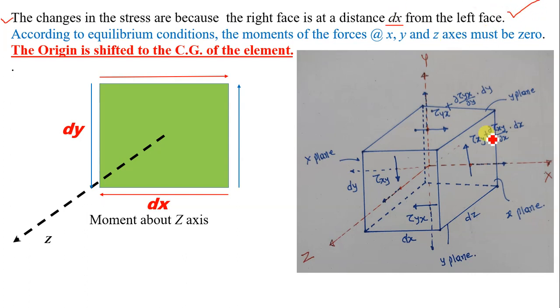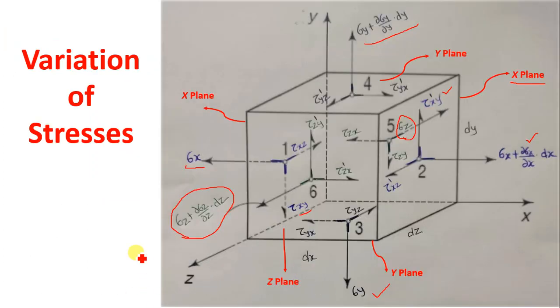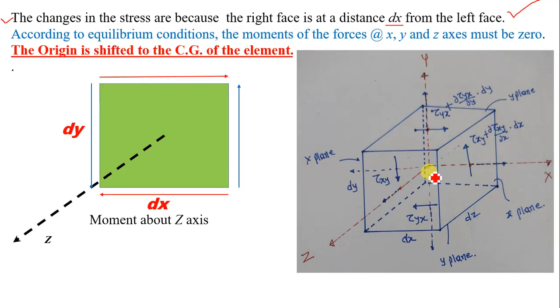Now let us shift the origin of the system to the center of gravity of the element. Why are we doing this? To simplify our problem. Previously this was the origin. Now I am shifting the origin to the CG of the element.